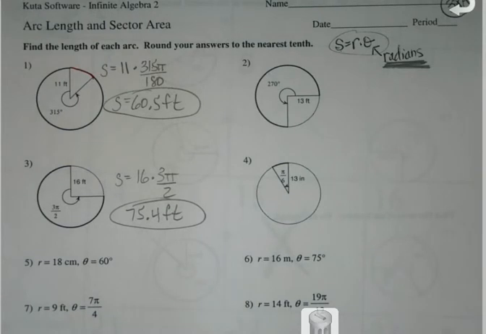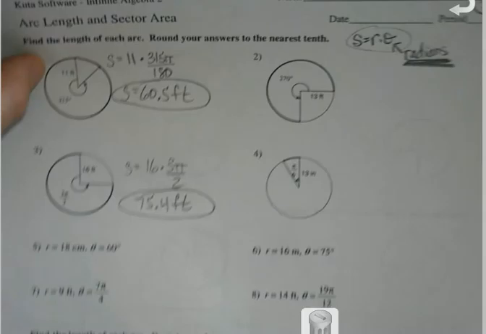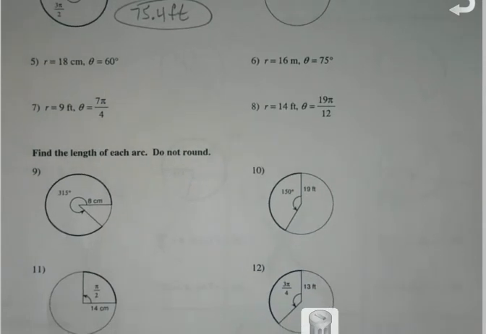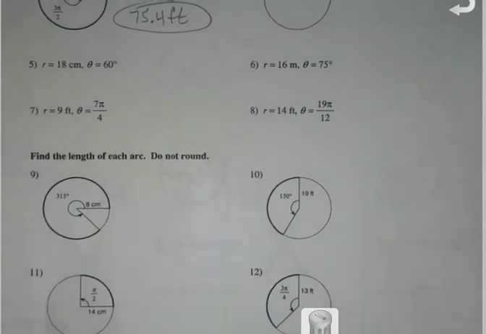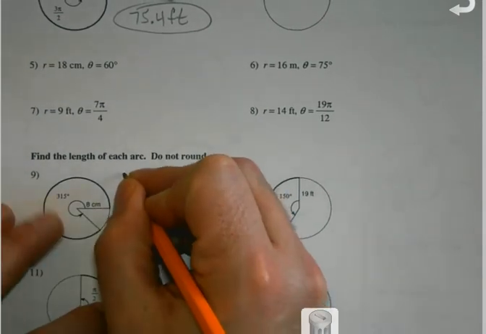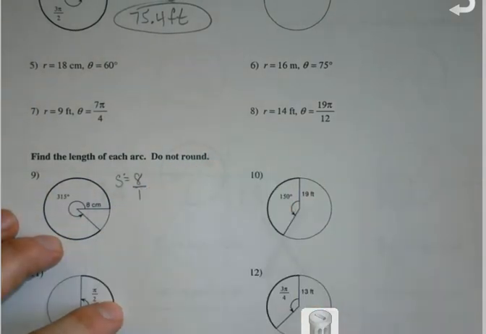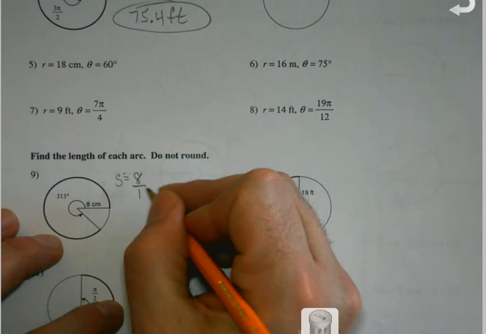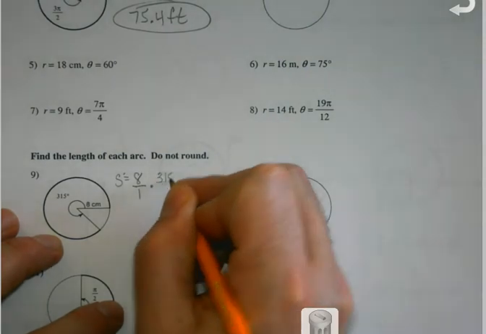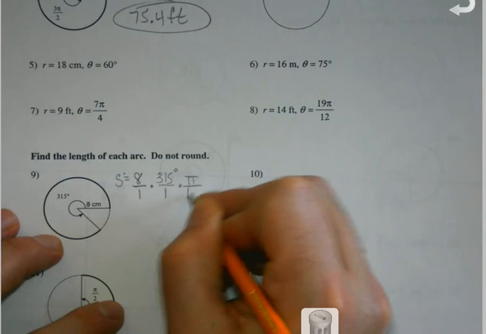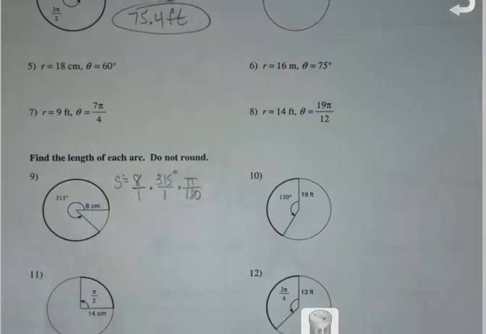When we get to the length of each arc and it says do not round, now we're going to get very specific, and we are going to speak pi. So for instance, if I get to 9, I've got 8. I'm just going to put it over 1 because I'm going into fraction world here. I have a 315 degree angle, but I'm going to multiply it by pi over 180.